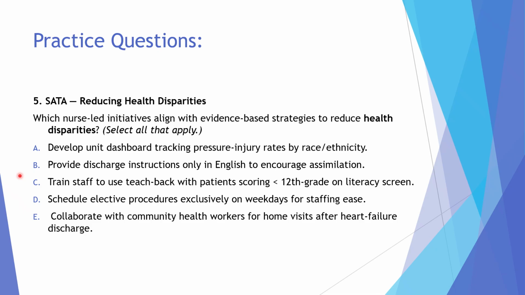So the correct answers are A, developed a unit dashboard tracking pressure injury rates by race, then C, train staff, and E, collaborate with community health workers for home visits.